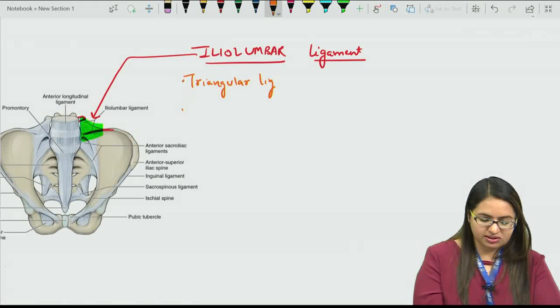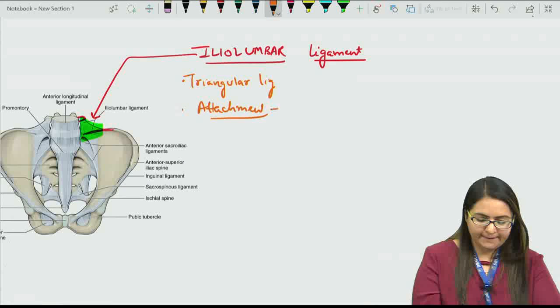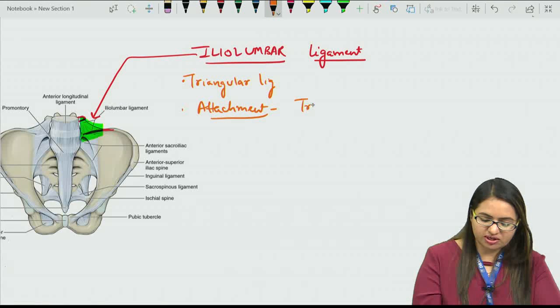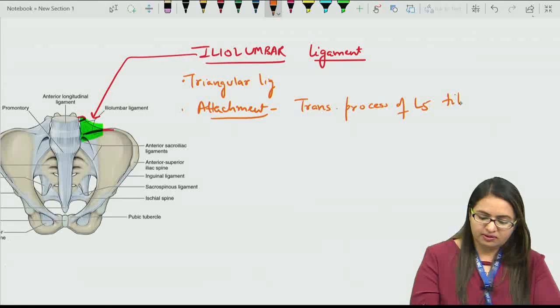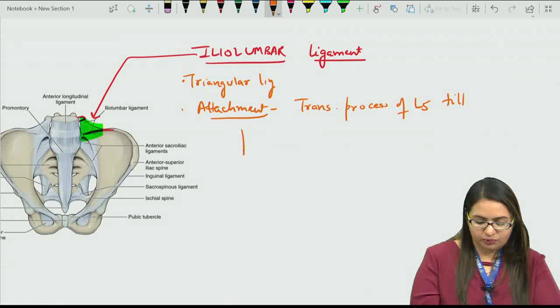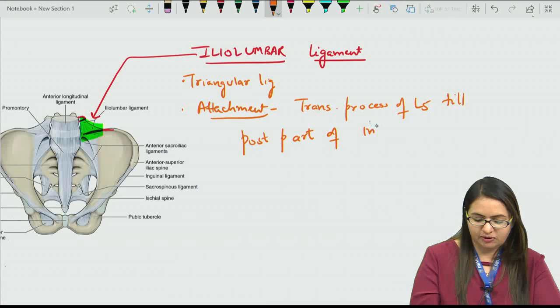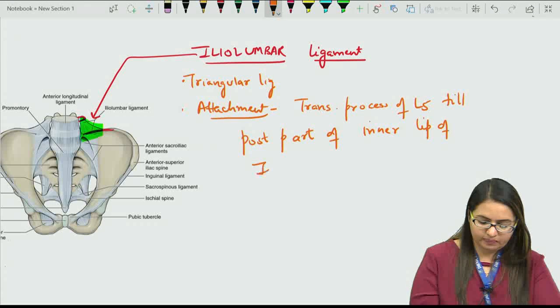Its attachment, on one end, is to the transverse process of L5, till the posterior part of the inner lip of the iliac crest.